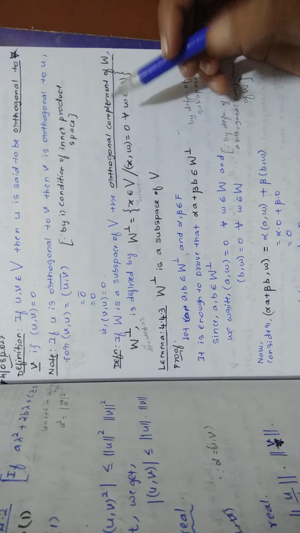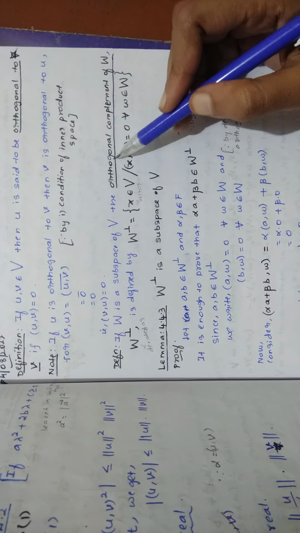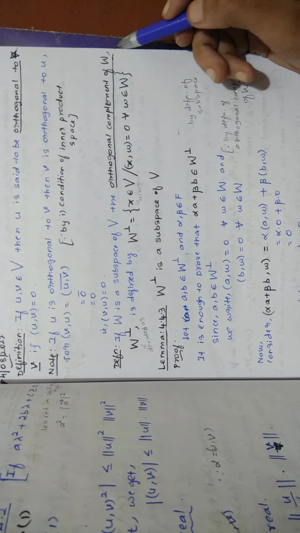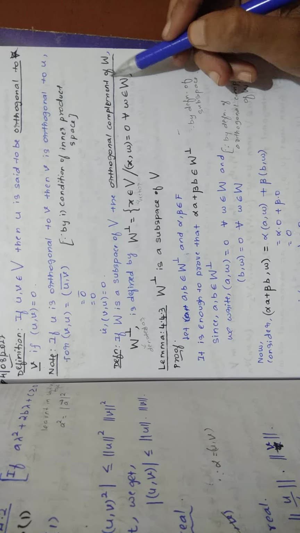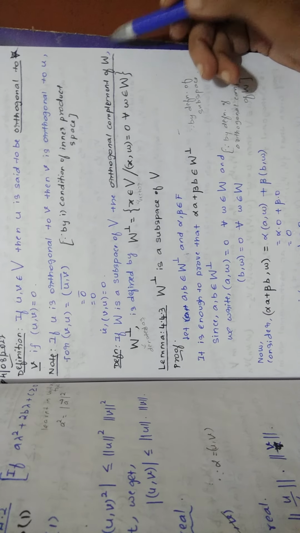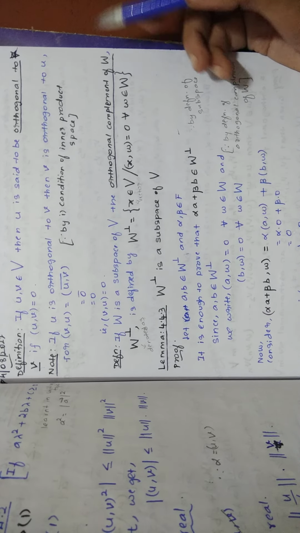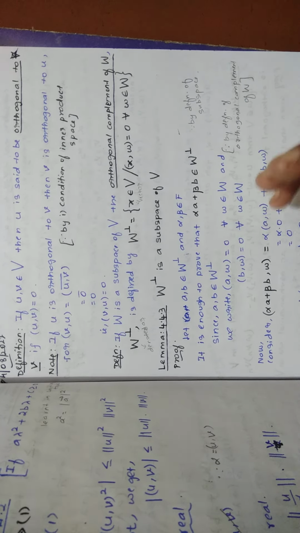Now let us pass on to the next definition, that is orthogonal complement of W. So here is a question, what is W? Here you have to consider a vector space.